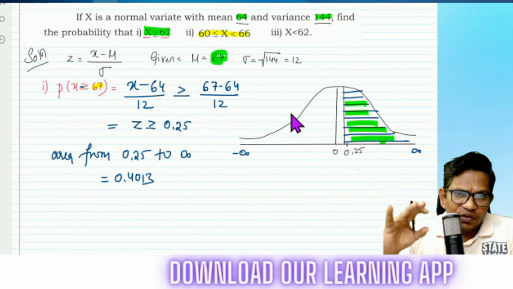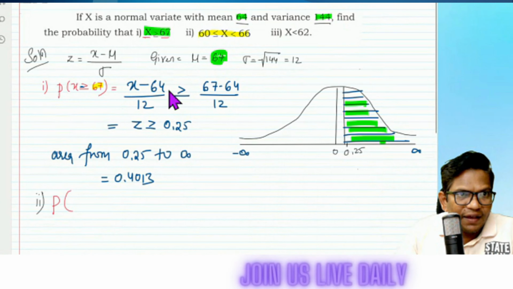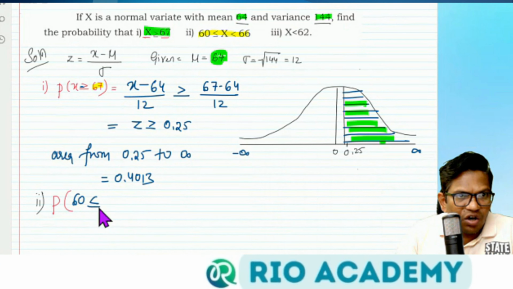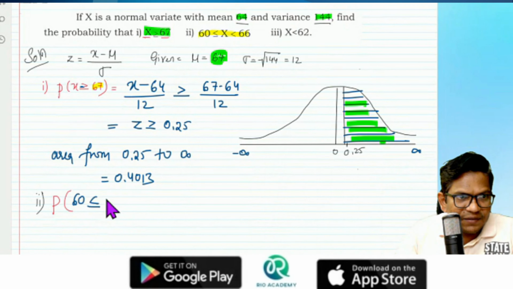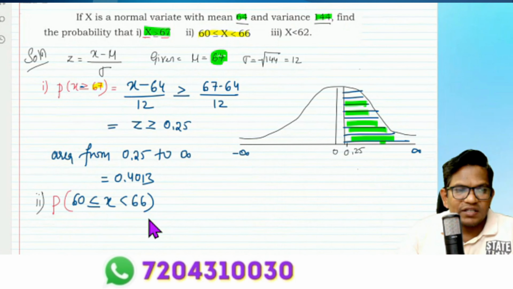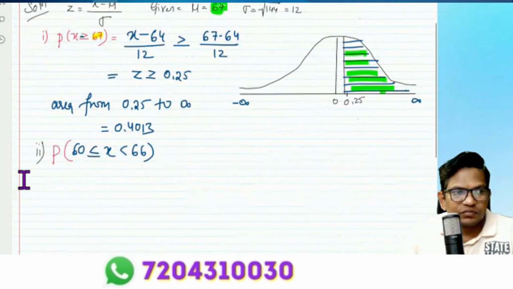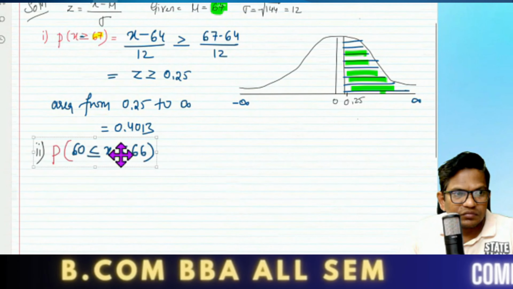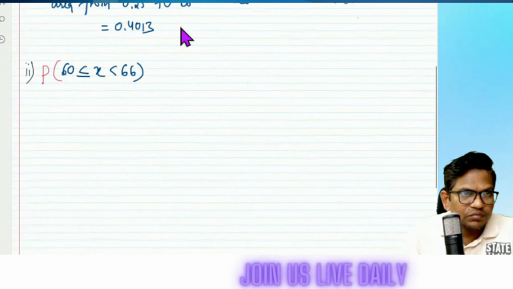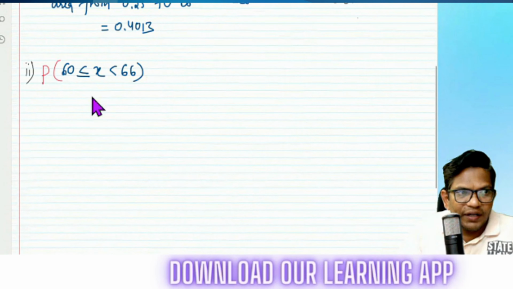P of 60 less than or equal to x and less than or equal to 66. Very interesting. Now, look at that. What we have?